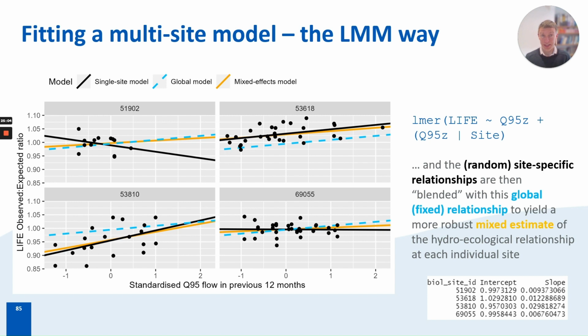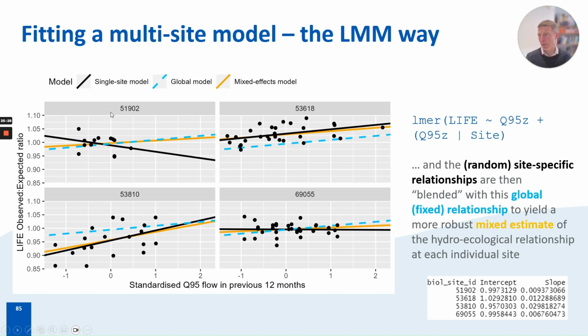You can see if we look at the data for the 4 sites here, that blended relationship, the orange line, is actually quite close to the black line for 3 of the 4 sites. So the 3 sites which have relatively large amounts of data and therefore relatively clear hydroecological relationships, the orange line is actually pulled quite close to the data for that site.